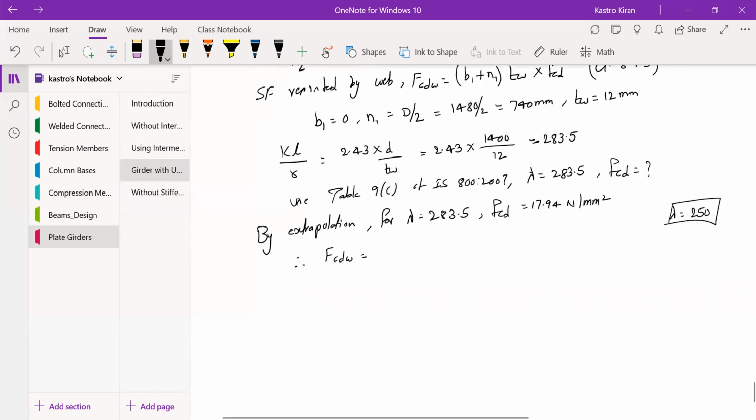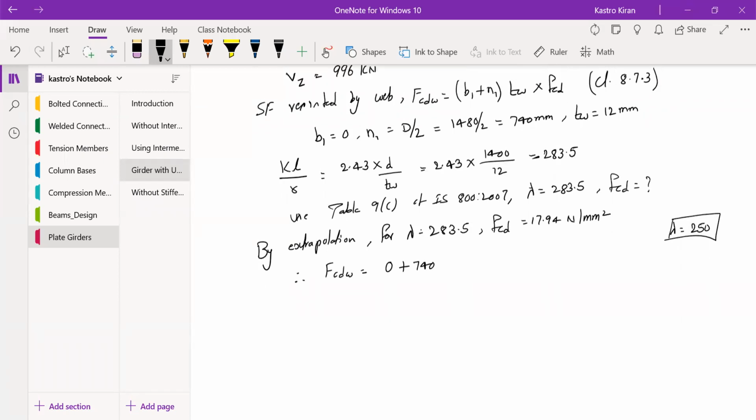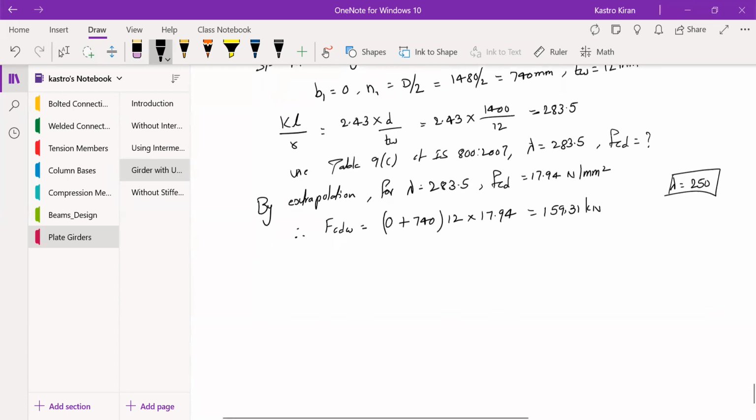(B1 plus N1) into TW into FCD. B1 value is 0 and N1 value is 740, into the thickness of the web 12, into FCD 17.94. If you solve this, it is obtained as 159.31 kilonewtons.